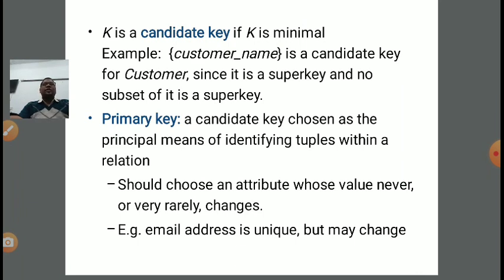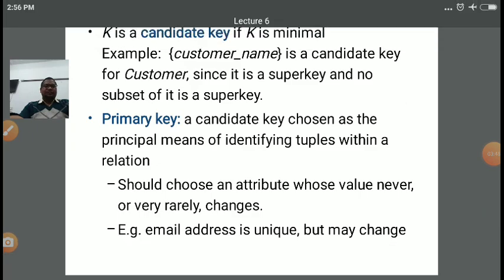Means from the super key, if we remove the extraneous attributes, it becomes the candidate key. Example: customer name is a candidate key for customer since it is a super key and no subset of it is a super key. So by removing the extraneous attributes of a super key, we get the candidate key.